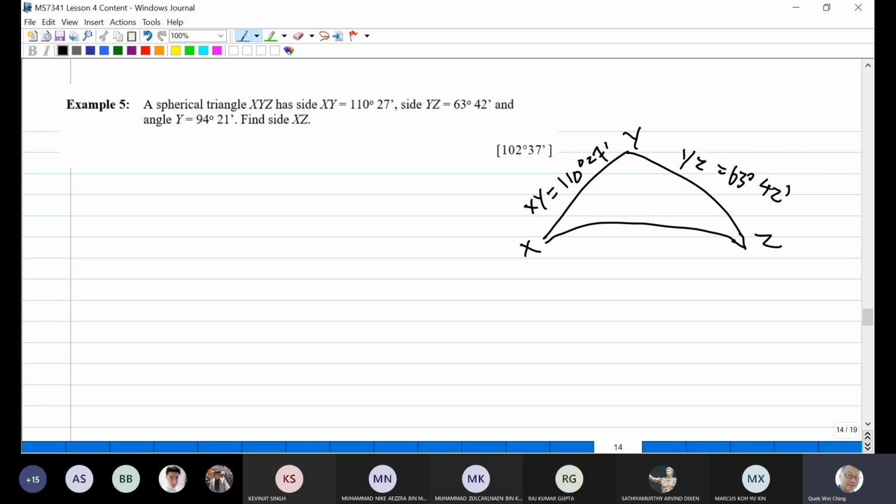And the angle Y, this one, is 94. Find XZ. So XZ is what now?